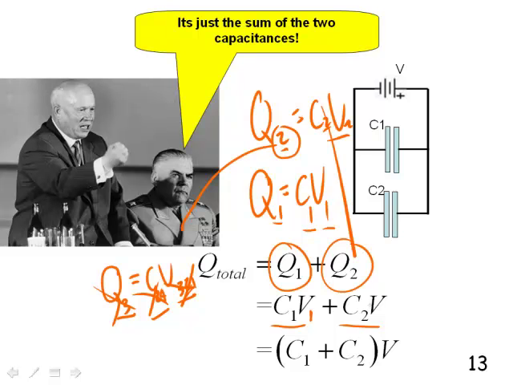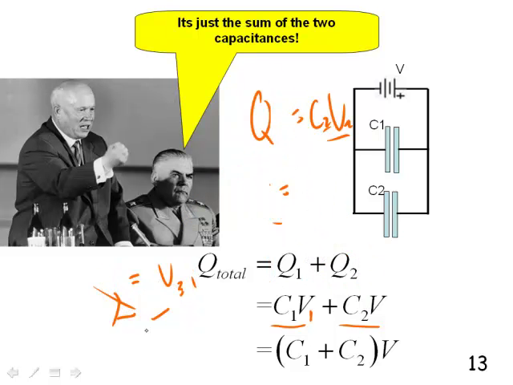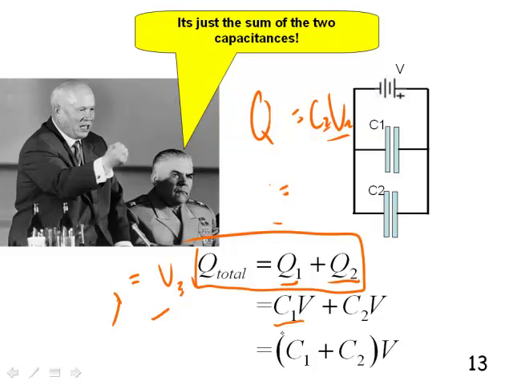All right, so to find the equivalent capacitance here, we just use the equation Q equals CV. We're saying that the total charge on a parallel combination of capacitors is the sum of both charges. Well, there's the equation for both charges. And then I factor out this voltage because I know that V1 equals V2, which is equal to the overall voltage here.